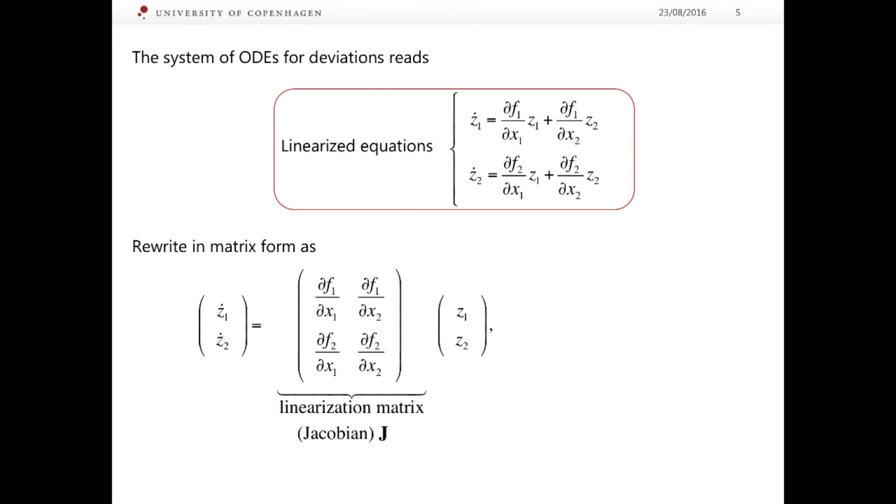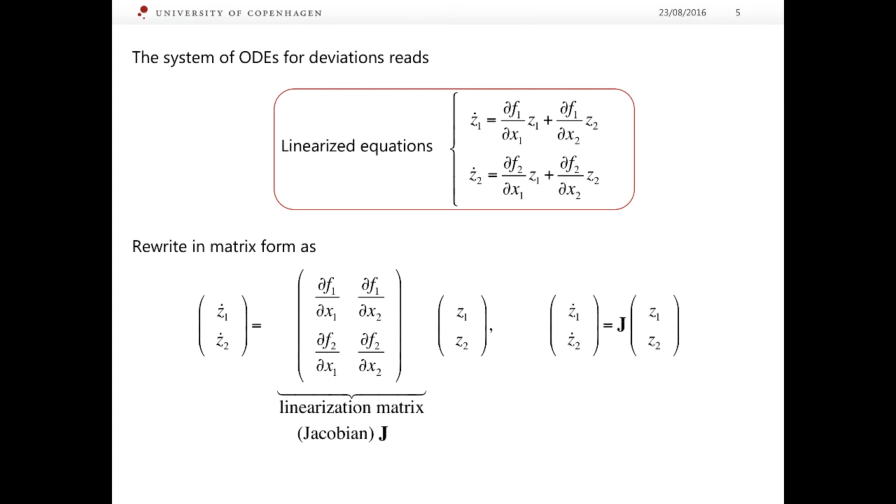The matrix in question consists of the elements which are equal to the partial derivatives of functions f1 and f2 which are taken at the fixed point. This matrix is called the linearization matrix or the Jacobian, and we denote it by the bold capital letter J.